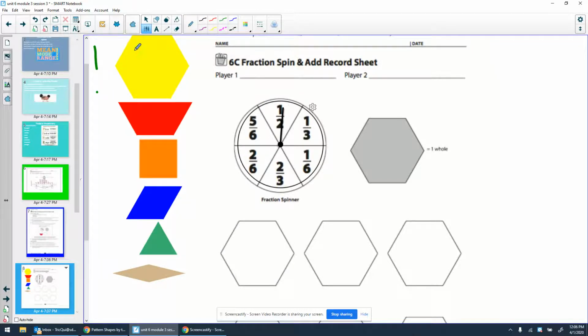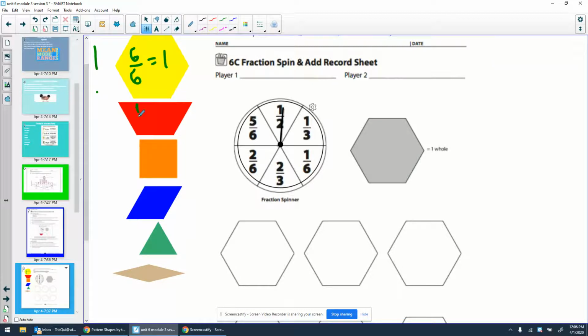Okay. This equals 1 whole, and I'm going to write it as sixths. 6 sixths equals 1 whole. The trapezoid right here would equal 1/2. Oh, I'm sorry. Let me erase that.